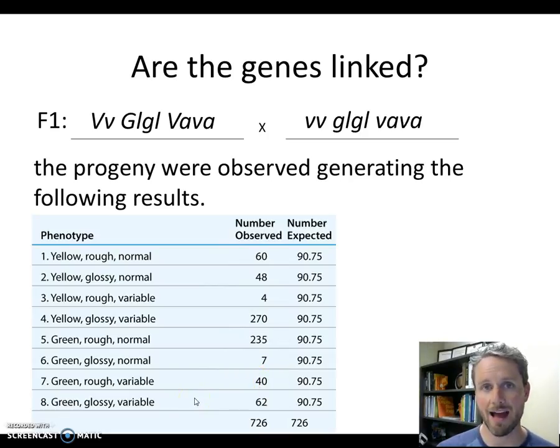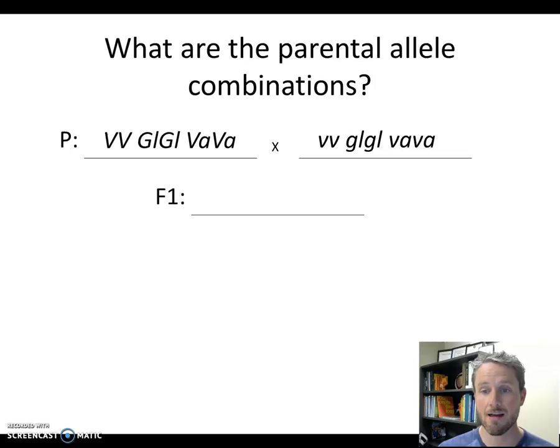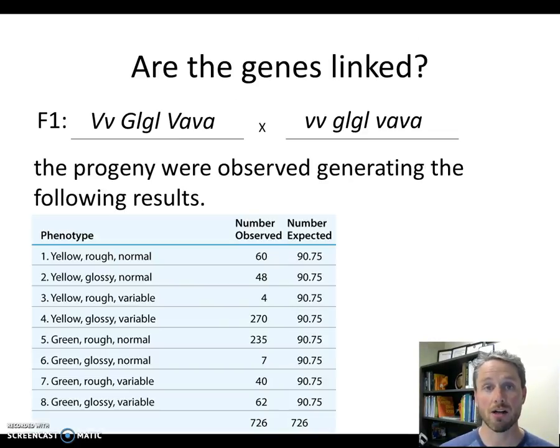And the way we could prove that is by doing a chi-square test. We're not going to walk through that in this video, but we've done that in the past in this class. If you do the chi-square test, you should be able to prove that this outcome does not support independent assortment. And it tells you that indeed these genes are linked.